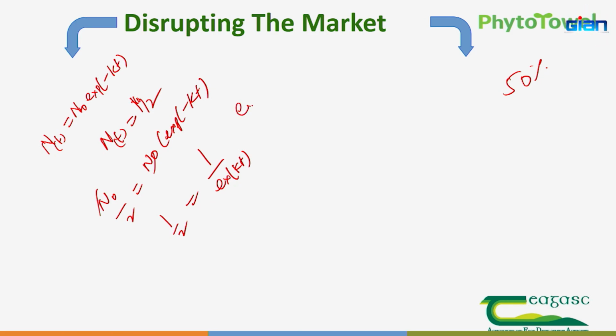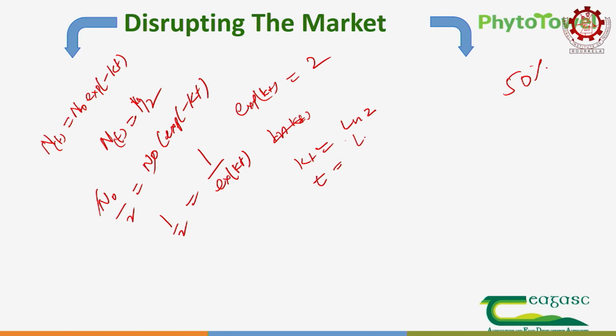So that means exp kt is equal to 2, take the natural log ln on both sides, this becomes kt, yeah, is equal to ln 2, correct? T half-life equals ln 2 by k. ln 2 is what? Natural log of 2 is 0.693. Simple, yeah?